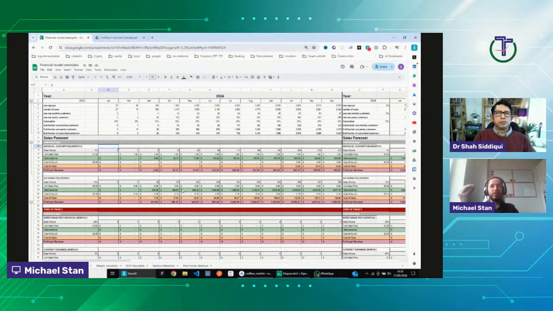I can show you that you don't have to put all of your revenue streams in straight away, but it's valuable to actually have them all together in that financial model.